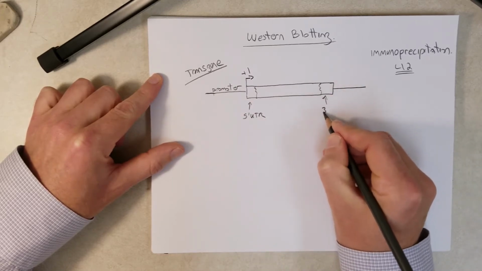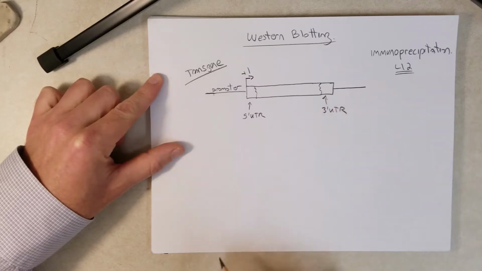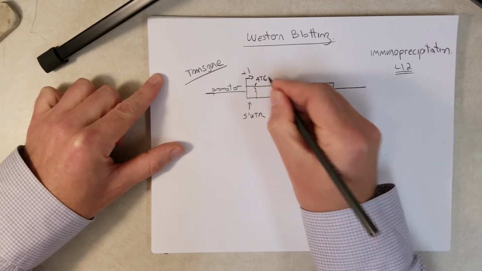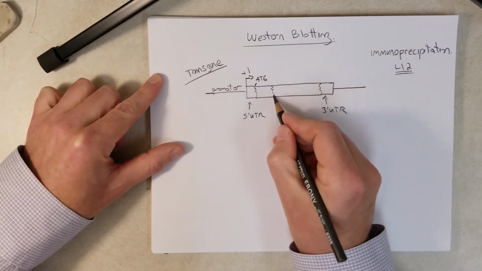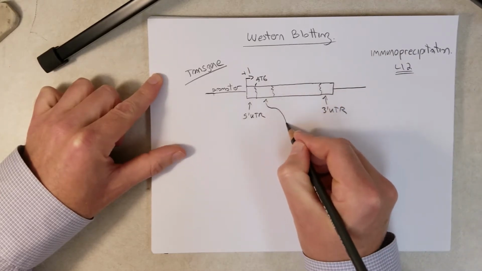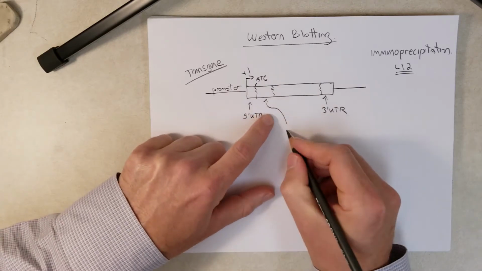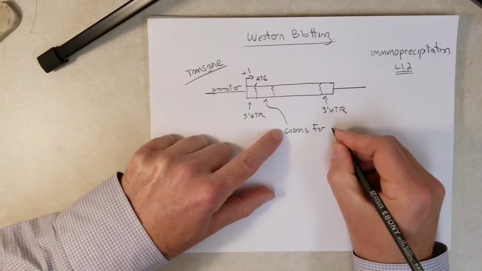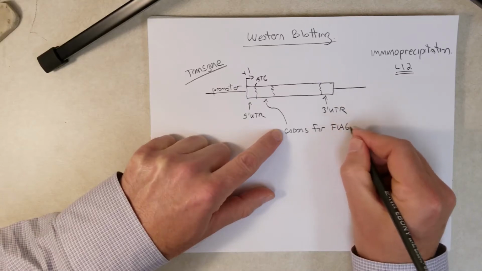This is the 3' untranslated region. This is going to be the start codon. And this region right here, if you remember, is where we are going to have the codons for the flag epitope.